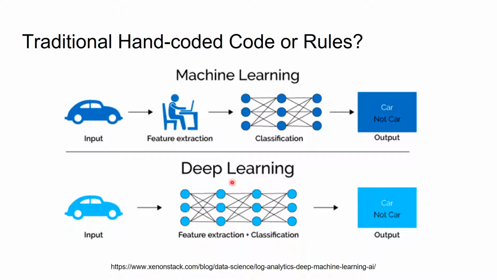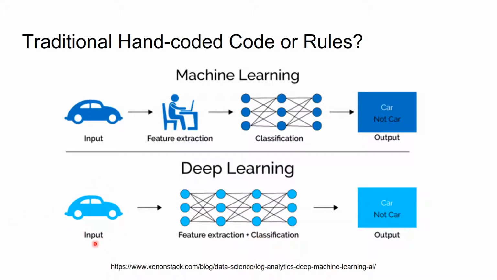And in deep learning, we can see that there is no human here. The feature extraction and the classification are all done by the computer itself.